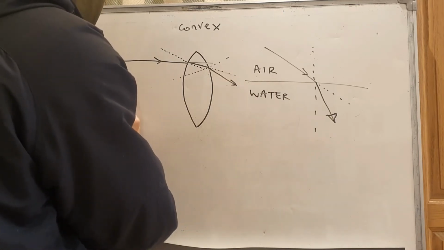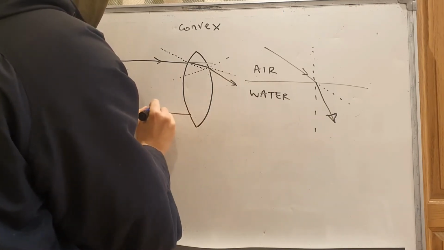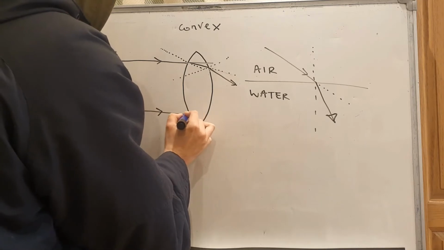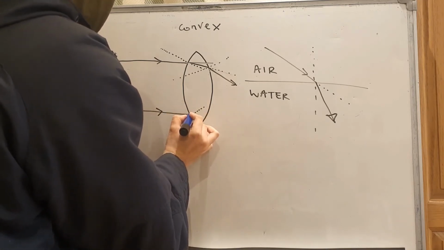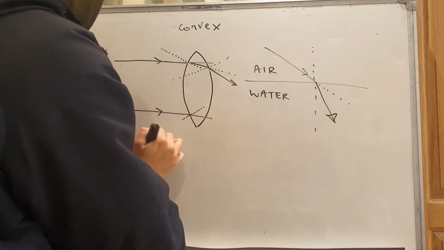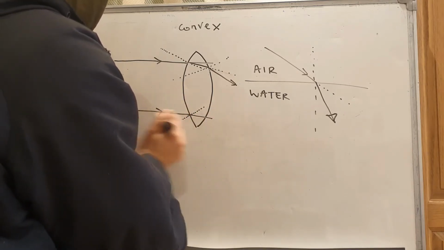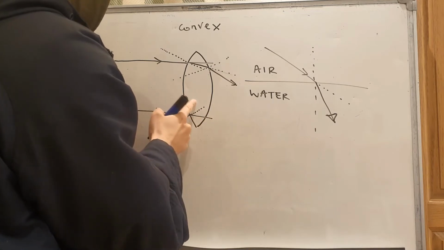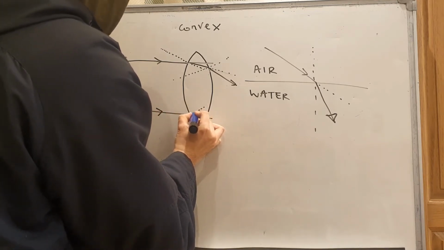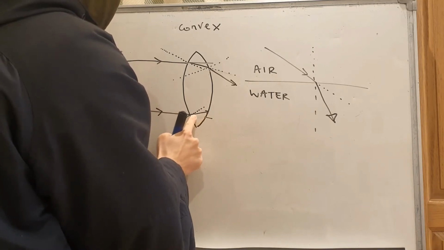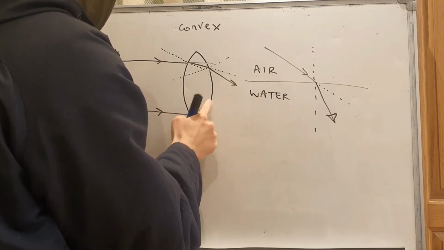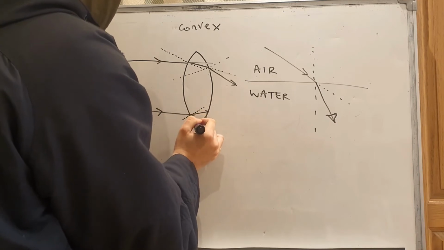Similarly, if we have a ray going this direction, we draw the normal to the surface, and normally it would have passed straight through if there was no material. However, it bends towards the normal because this is more dense, so it will go up, and because now this is going to less dense material, it's going away.